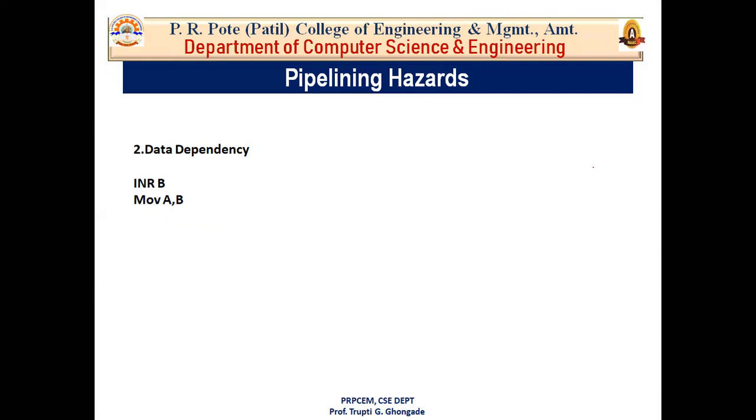Okay, so if I write here increment B, and then move A comma B. What is increment B? Increment B means B plus 1. Now suppose B is 20.